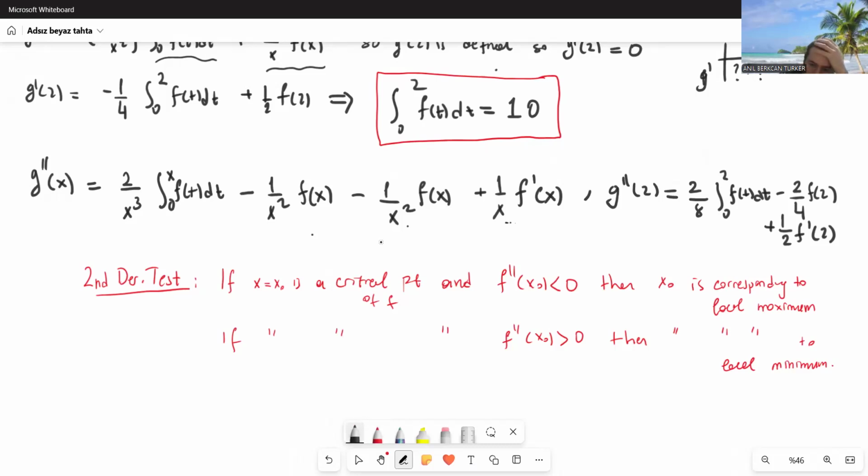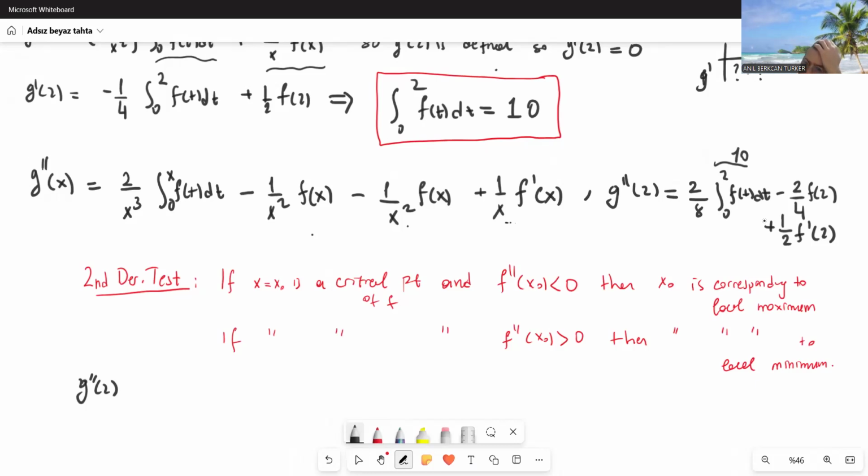Okay, now let's calculate our g prime prime 2. We have already written it there. The only thing unknown is this integral, but we have just calculated it, right? This is 10. By the way, what was f2? Let me check. f2 is 5, f prime 2 is minus 3.